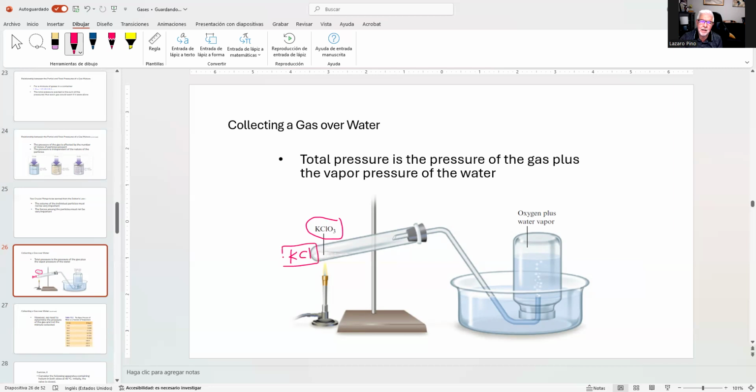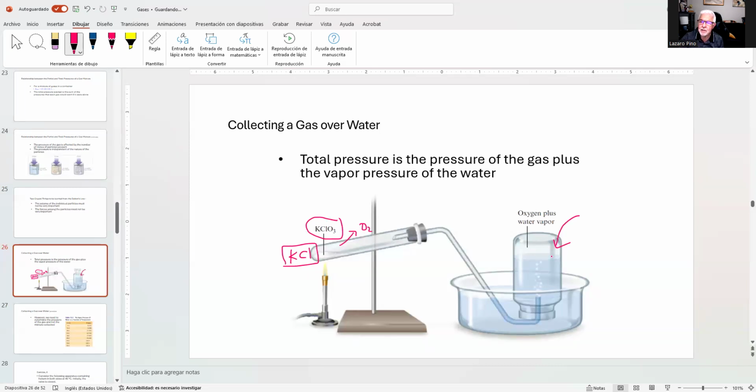It is an ionic compound, and the melting point is very high, so it will remain solid here, but the decomposition produces a gas. Because of the heat, it produces oxygen, and this oxygen goes in here and displaces the water in this bottle.